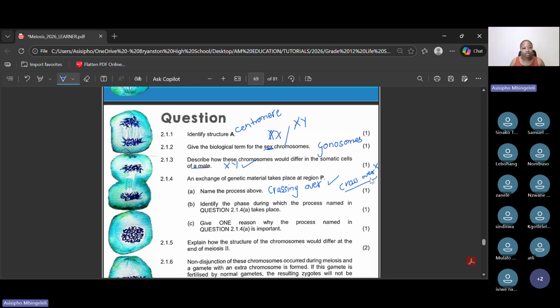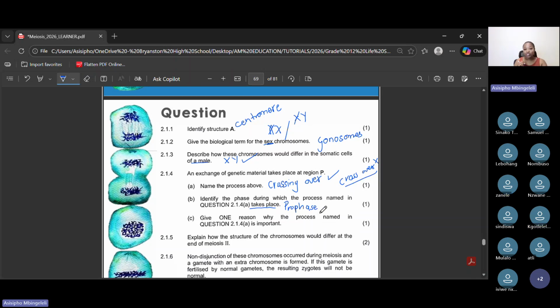Then 2.1.4B: identify the phase during which the process named in question 2.1.4 takes place. Which phase is it? Prophase 1. If you wrote just prophase, you did not get the mark.